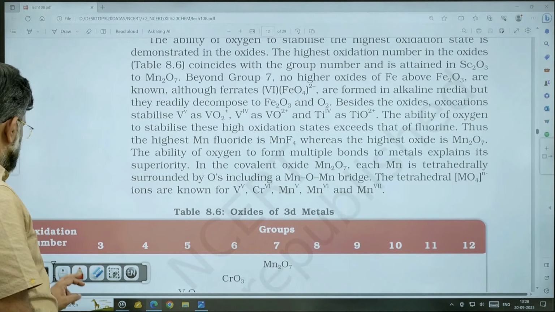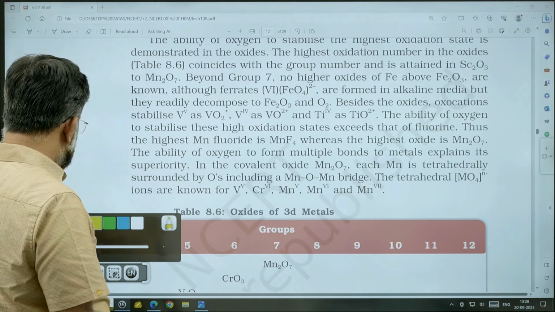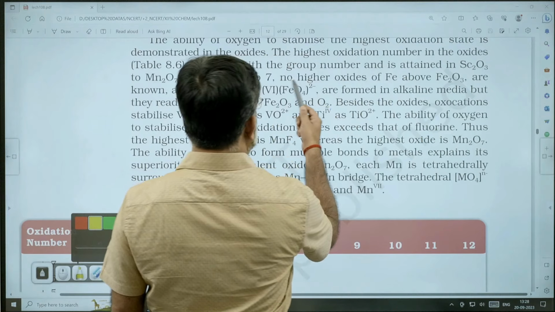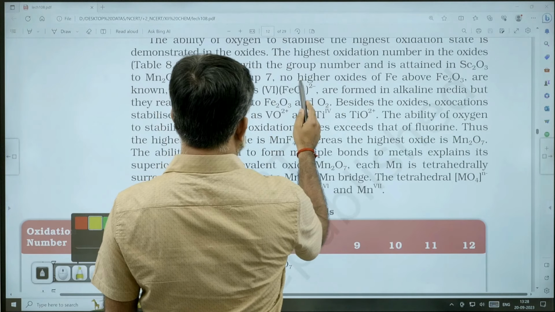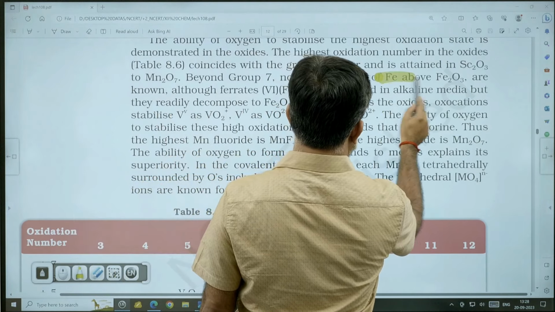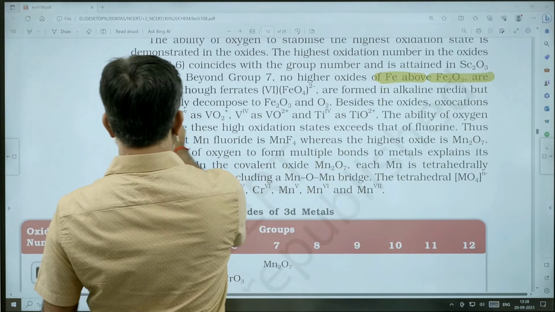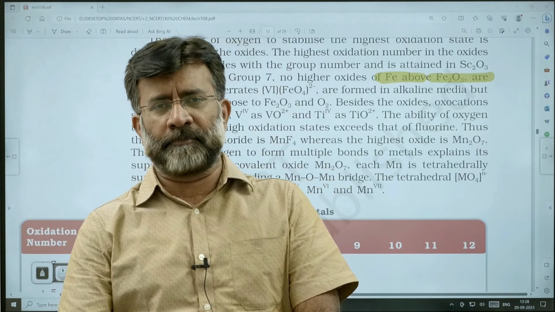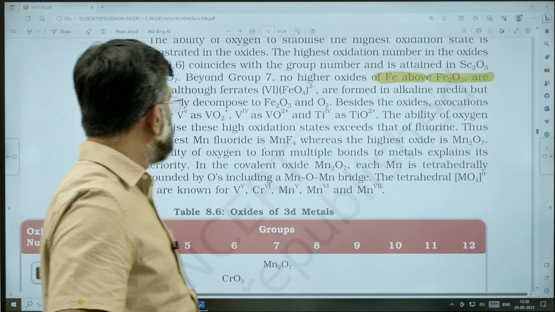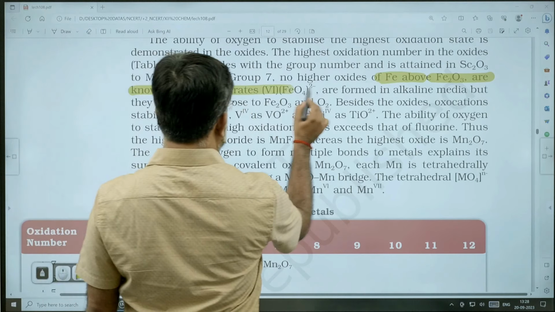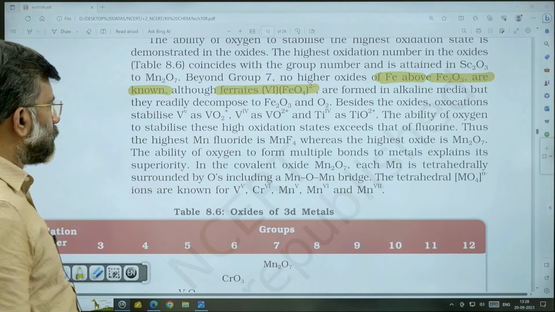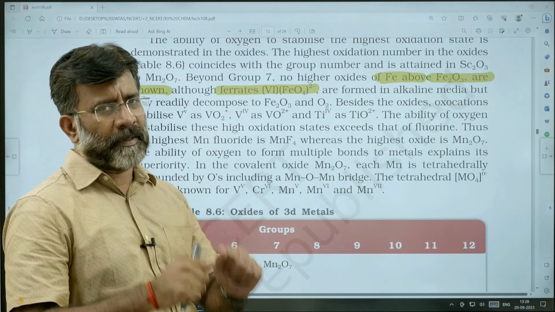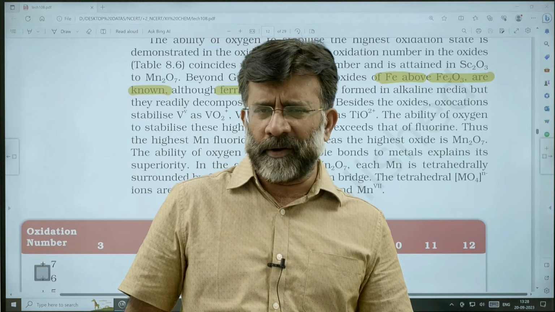Another important point. You can find some important notes like this. Beyond group 7, no higher oxidation states of iron above Fe2O3 are known. Iron basically shows two oxidation states, ferrous and ferric, +2 and +3. But you see here, there are ferrates available. Ferrate has iron in the +6 oxidation state, but it is not stable.